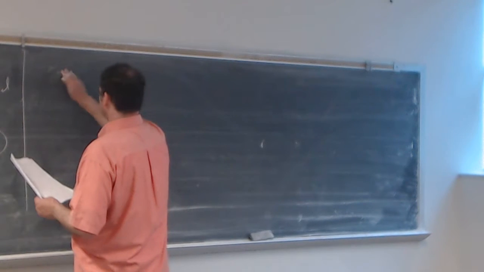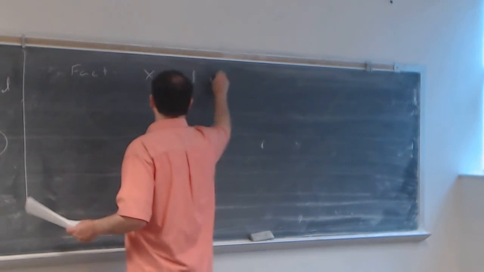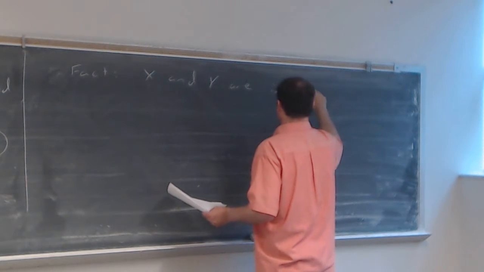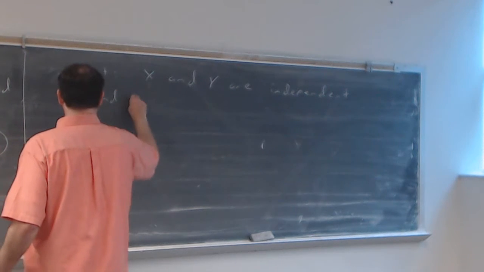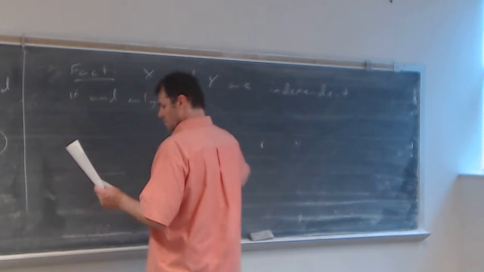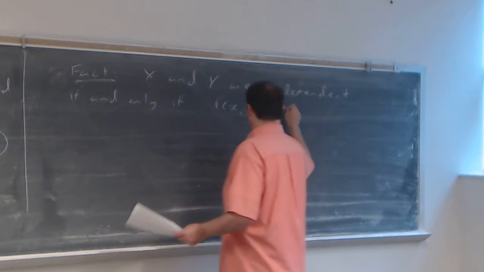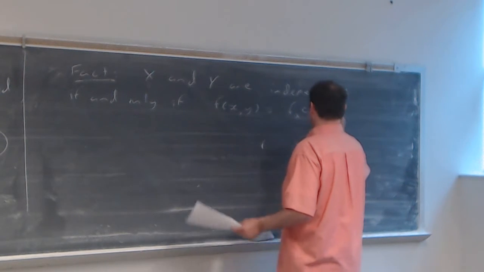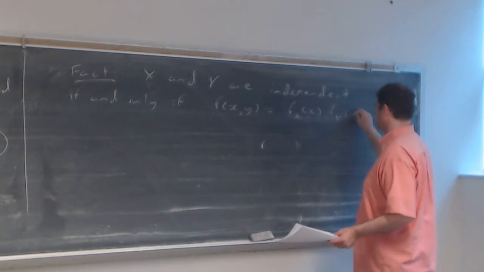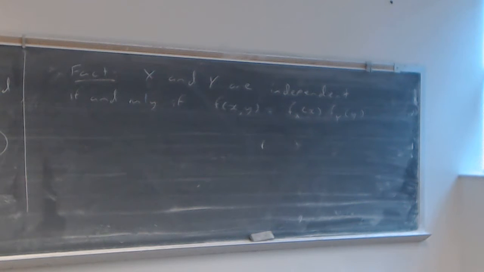Here's what it says: X and Y are independent if and only if the joint PDF or PMF f of x and y is equal to the multiplication of the PMFs or PDFs. So here is the proof.